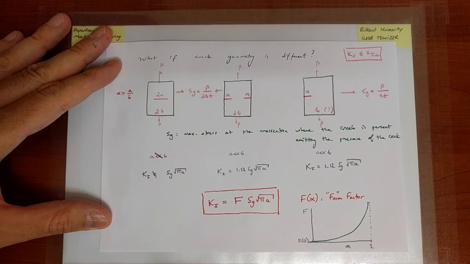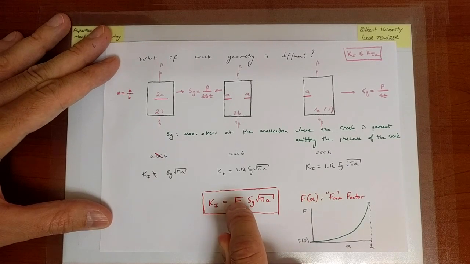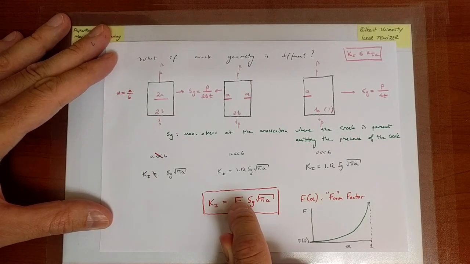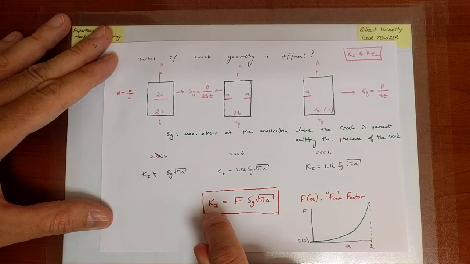Okay? So now one thing we can look at easily is the following. F is a quantity that directly scales SG root pi a. So if F doubles, the value of K doubles, right? Or triples, the value of K triples.